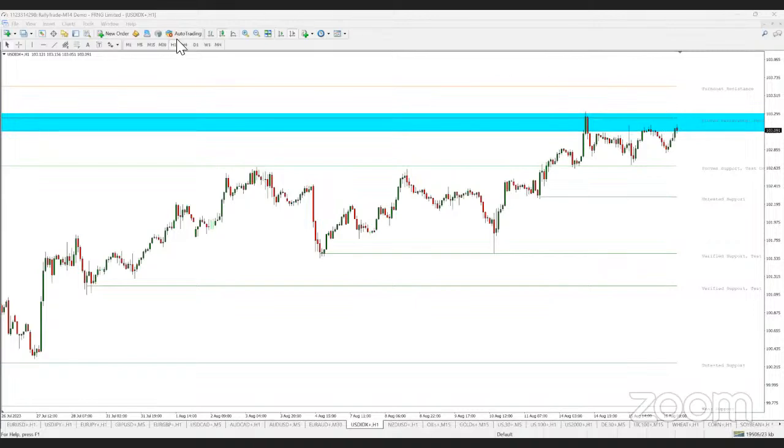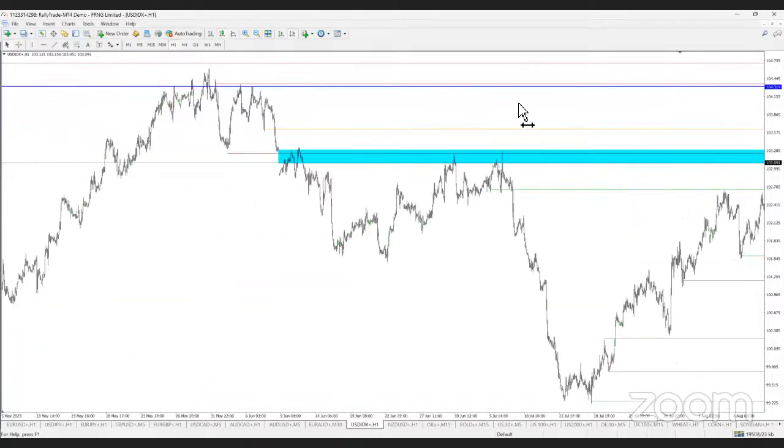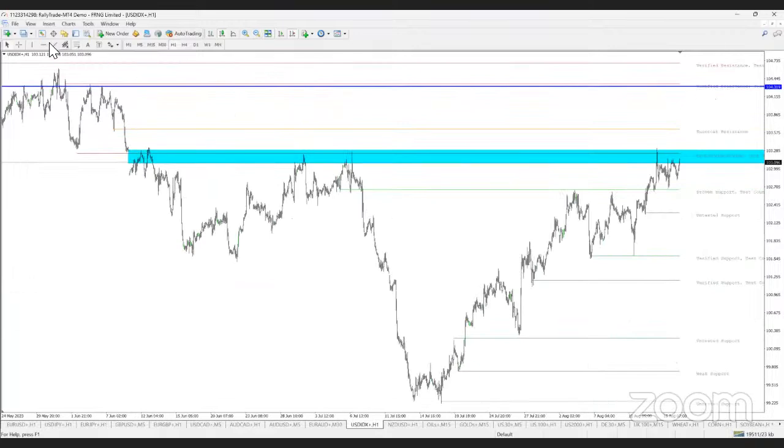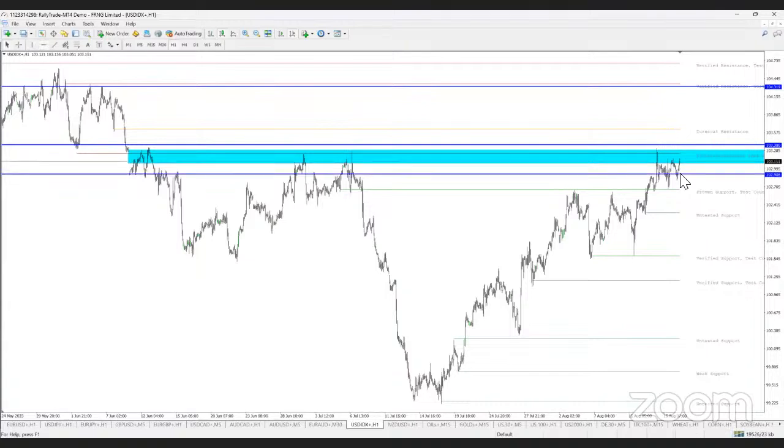We're going to be seeing a higher move, up until this point. But if it is not able to do that, maybe getting to somewhere around here, then we're going to be looking out for a sell.